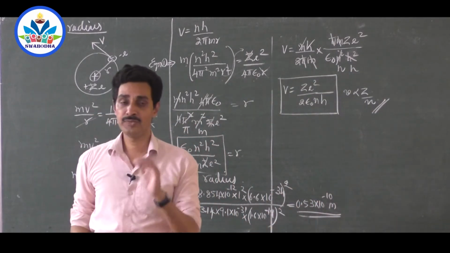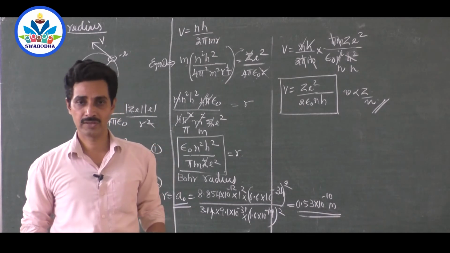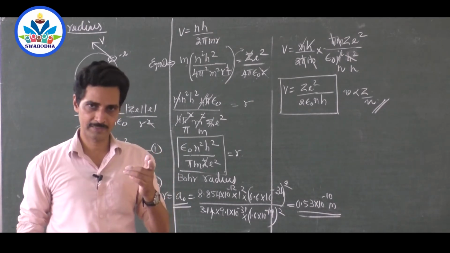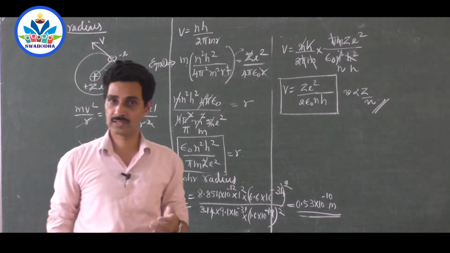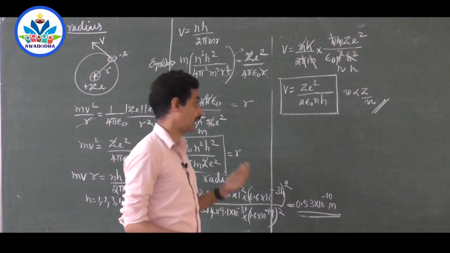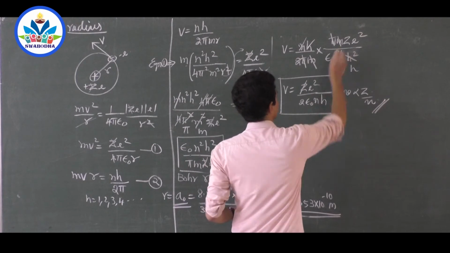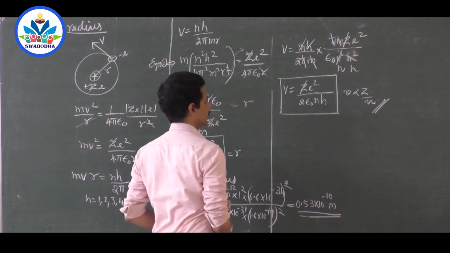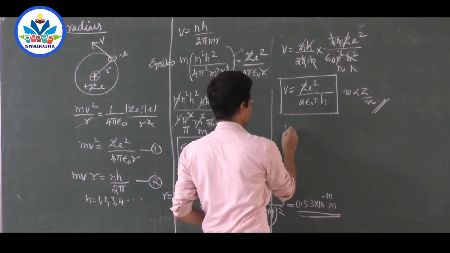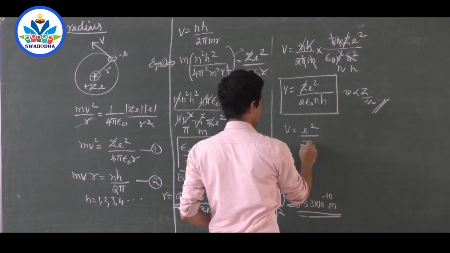And if you are asked to derive the equation for velocity of the electron in the hydrogen atom, because we have application only for hydrogen atom, delete z. Z is 1, and we have velocity is equal to e square divided by 2 epsilon naught nh.